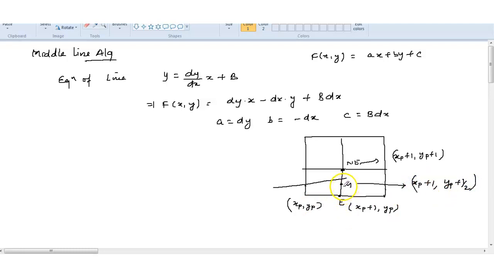Now if we substitute any point in this straight line equation, and it comes out greater than 0, it means the point is below the line.